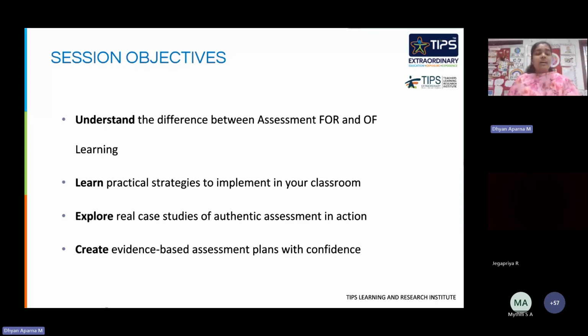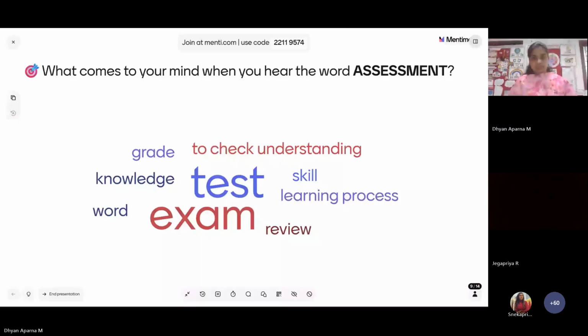We will look into some practical play-based strategies to implement that in your classrooms, and explore some real case studies of assessment in action. And at last, you will be able to create evidence-based assessment plans with confidence.